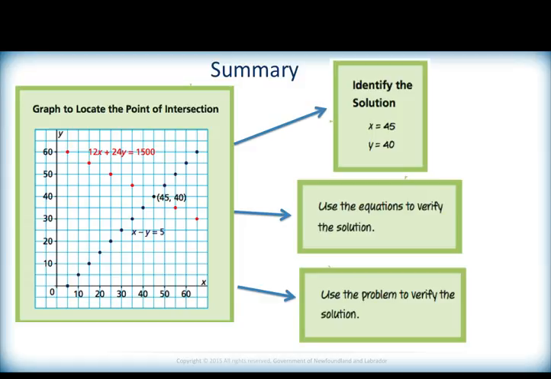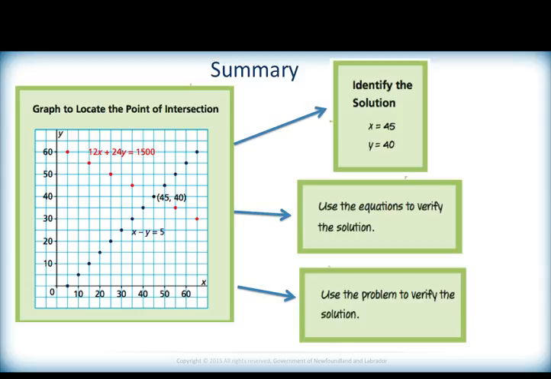Now in summary, when we're looking at a point of intersection, you will look at the graph. The point of intersection is where the two lines will intersect or will meet. As you can see from the graph here on the left-hand side, the solution was identified where x equals 45 and y equals 40.